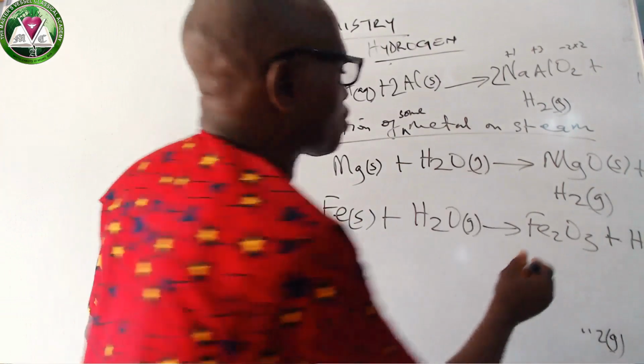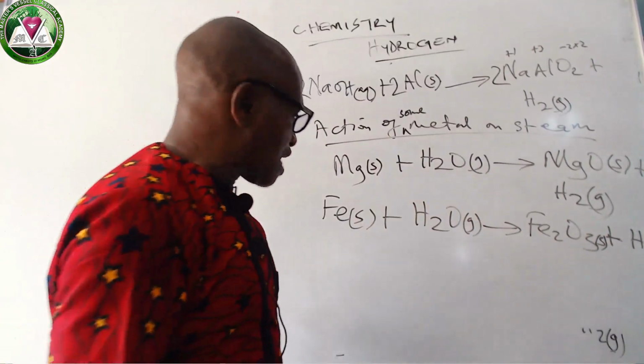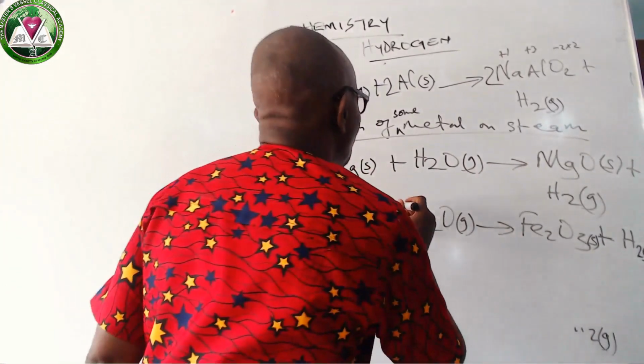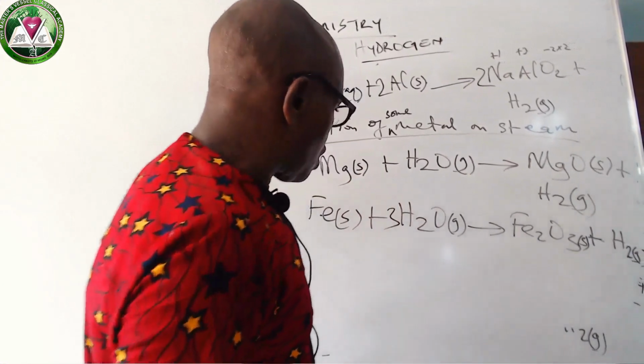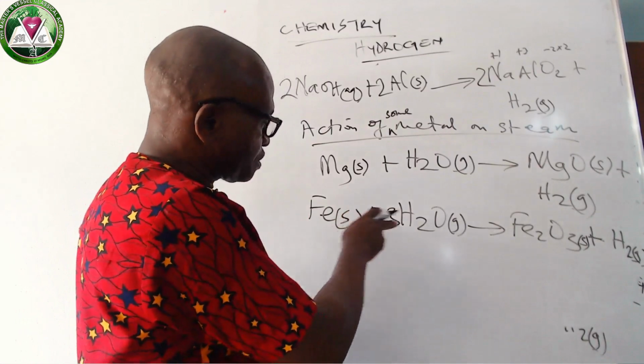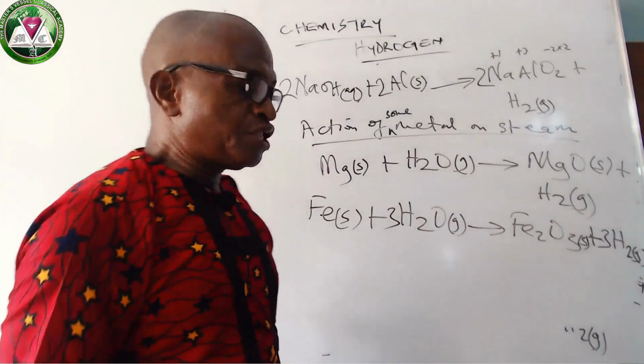The correct formula is this. For you to balance the equation, you can see that oxygen here is 3. Therefore, if you put 3 here, you have balanced oxygen. Now we look at hydrogen, you see that hydrogen is 6 here. If you put 3 here, you have balanced hydrogen.